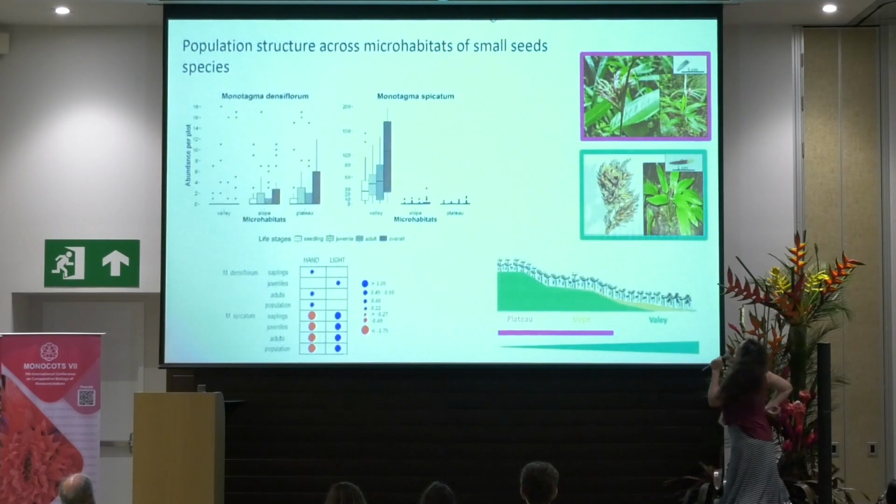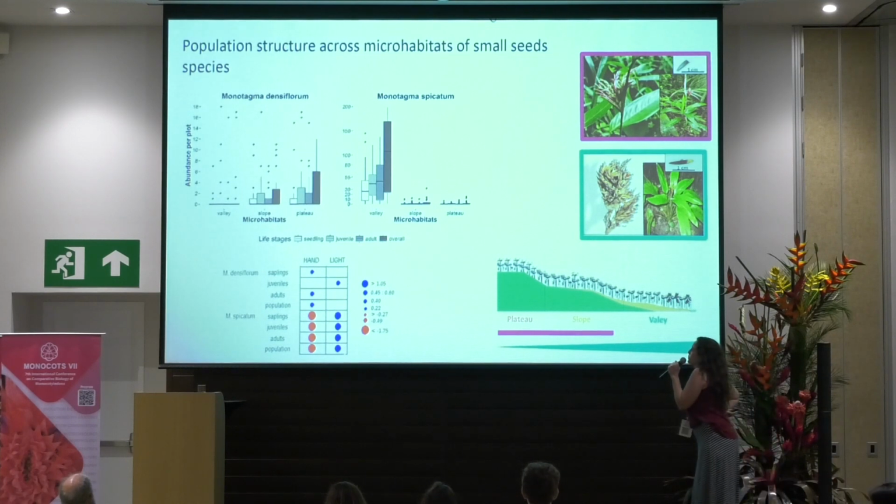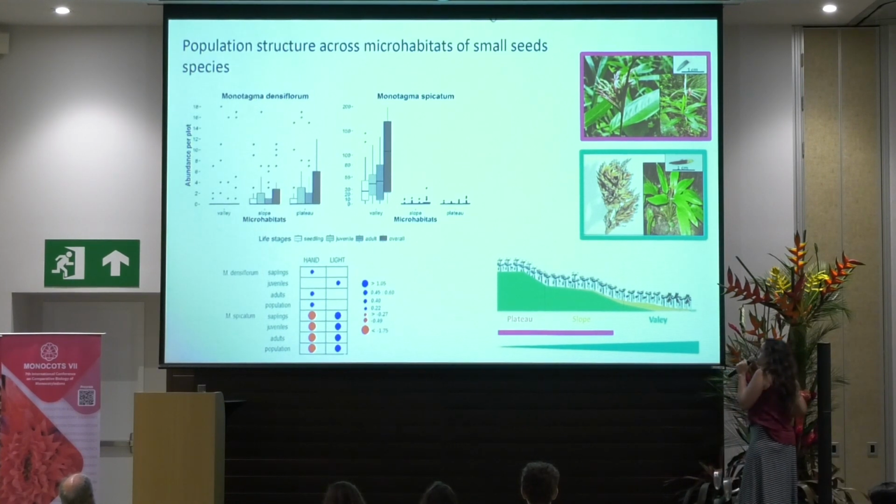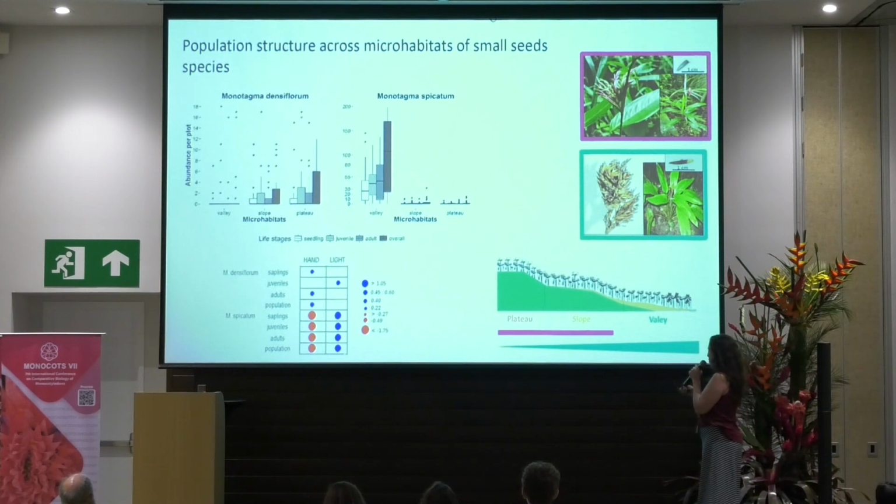Next, please. So what we found is that the population structure for the small seeds is more related with the type of environment. Here there is this water distance model, and this is light availability.